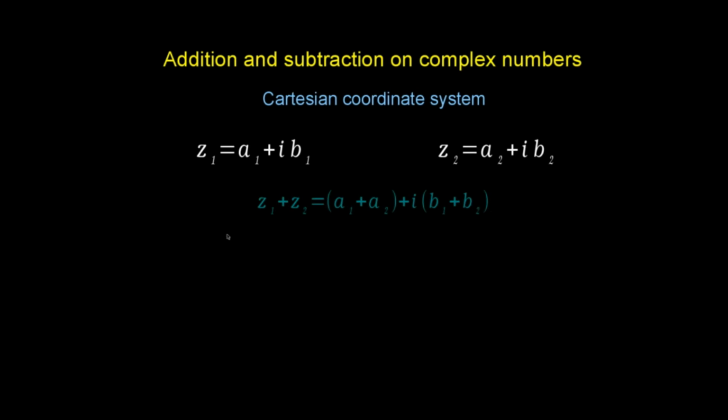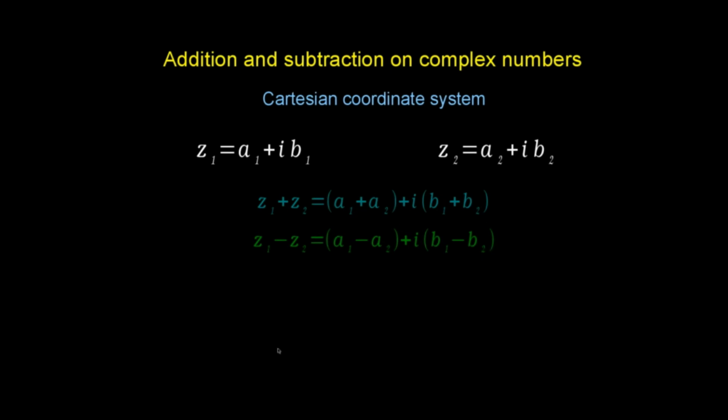Quite simple. And the subtraction will be given by z1 minus z2 equal to the difference between the real parts, a1 minus a2, plus i, the difference of the imaginary parts, b1 minus b2.